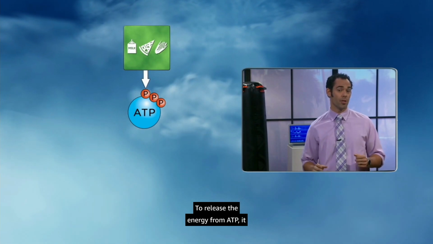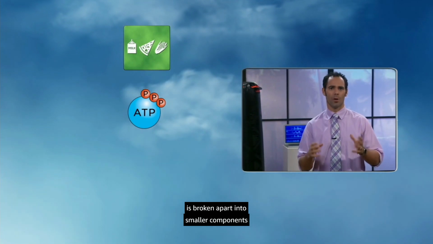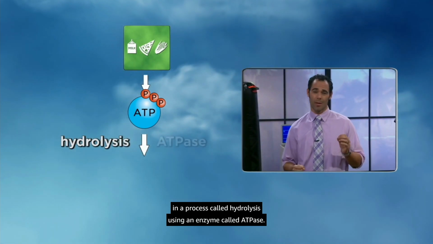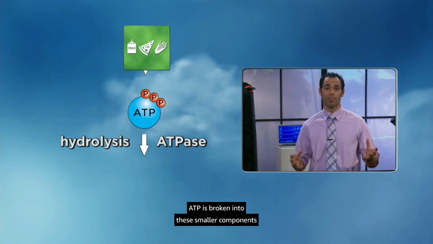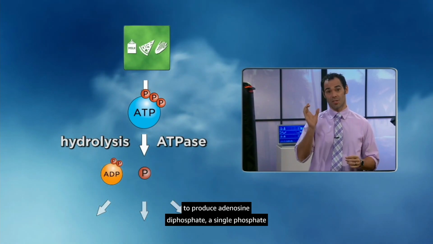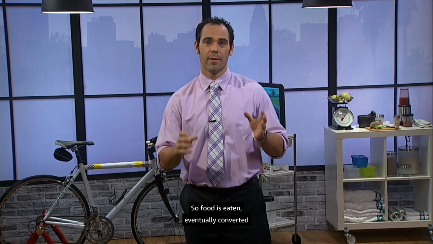To release the energy from ATP, it is broken apart into smaller components in a process called hydrolysis, using an enzyme called ATPase. ATP is broken into these smaller components to produce an adenosine diphosphate, a single phosphate molecule, and energy. So food is eaten, eventually converted into ATP, carbon dioxide, and water.